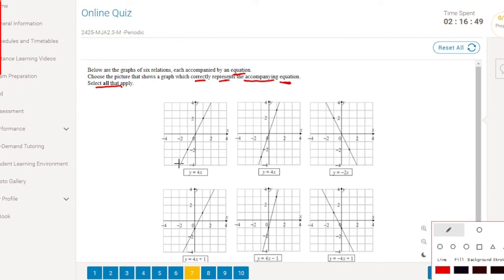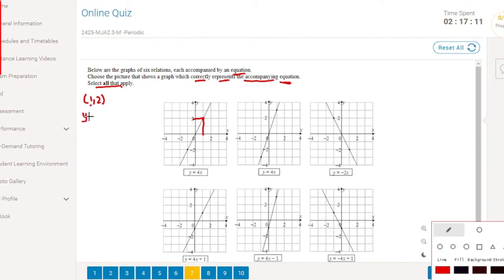need to take 2 points and check if these 2 points match this equation or not. For example, the coordinates of this point are 1 and 2. So for the first point, 1 and 2, we apply the x of this point to this equation.